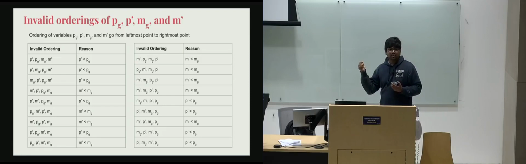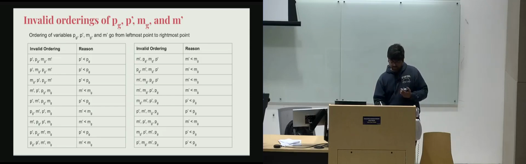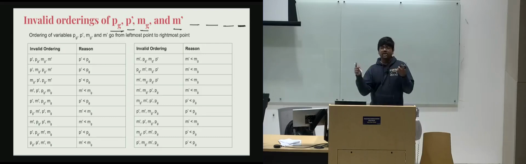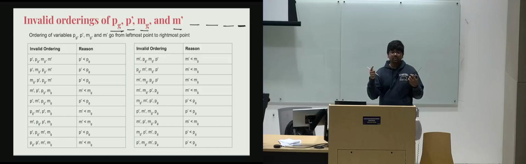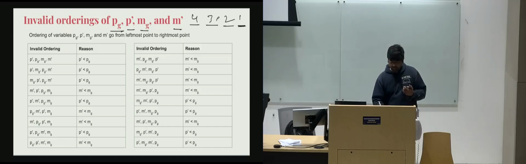We have these 4 variables, which are PG, P prime, MG, and M prime. How many different combinations can you have? Yep, exactly. This has to be 4, 3, 2, 1, 4 factorial, which is 24.